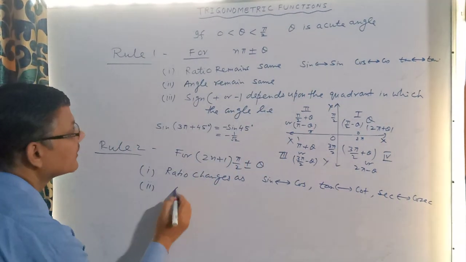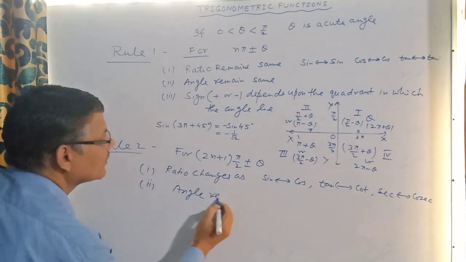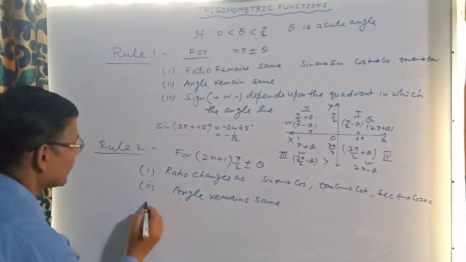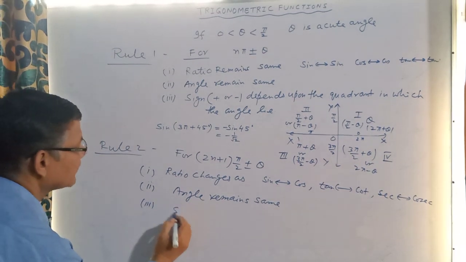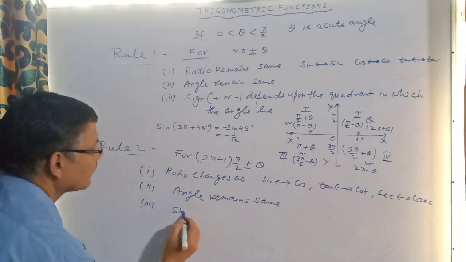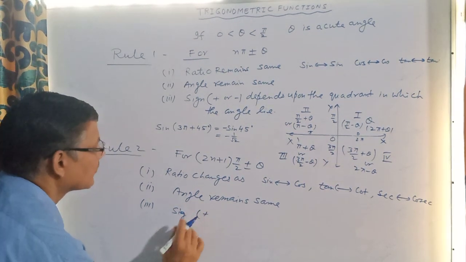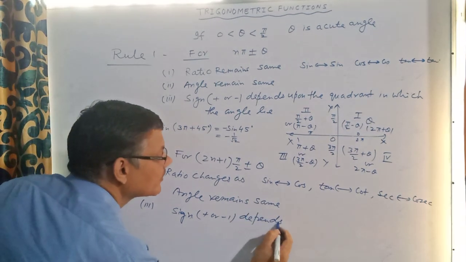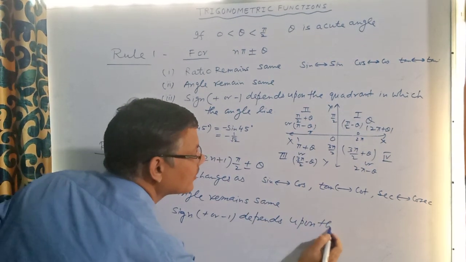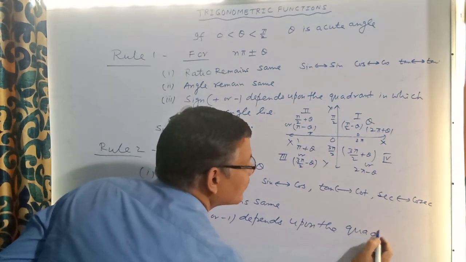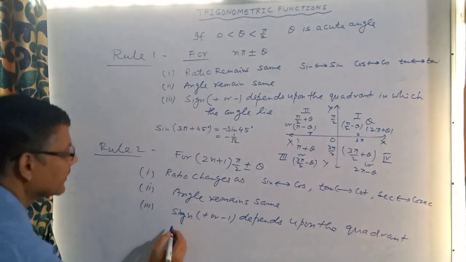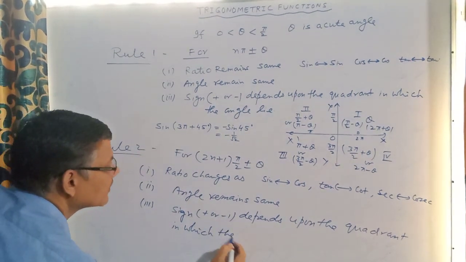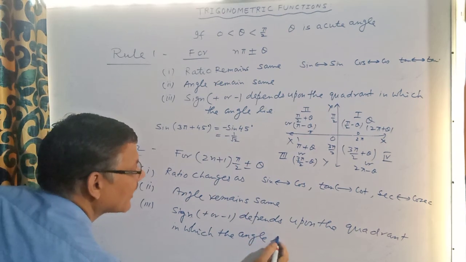Second, the angle remains the same. Third, the sign, plus or minus, depends upon the quadrant in which the angle lies.